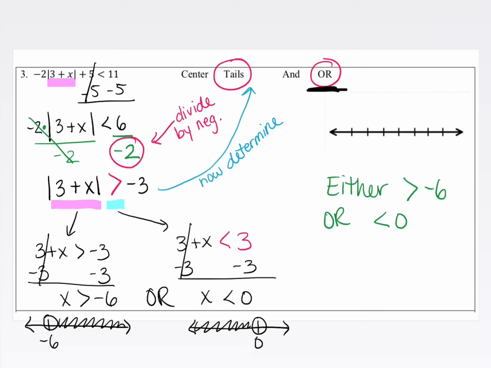So numbers that are greater than negative 6, we could have negative 5, 10, 250, etc. Numbers that are less than 0 could be negative 1, negative 10, negative 1,000, etc., etc. However, if we need to decide something that are either greater than negative 6 or less than 0, we have infinite possibilities. There are infinitely many numbers that are bigger than negative 6 or less than 0.